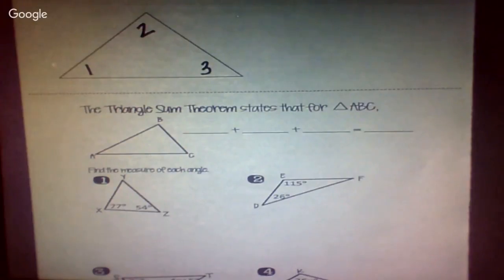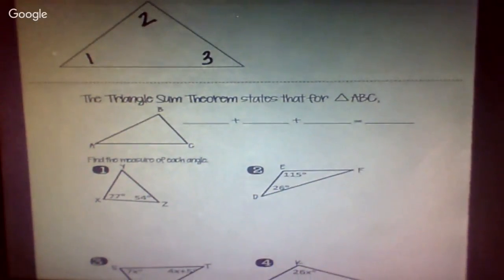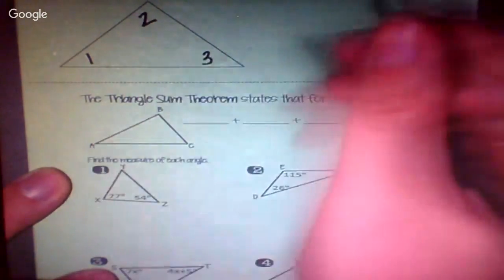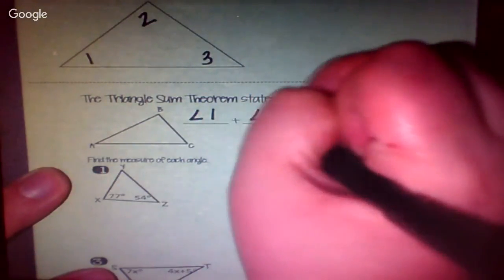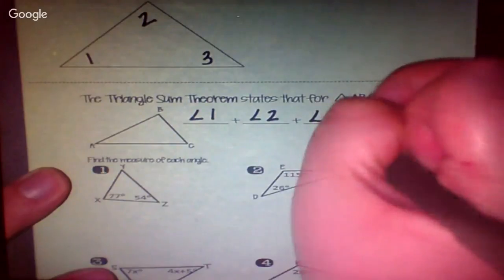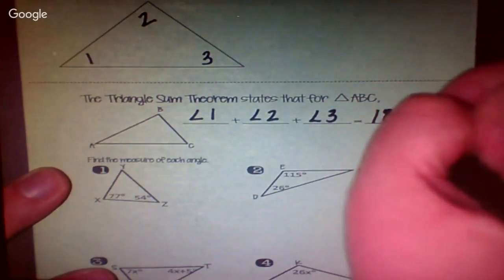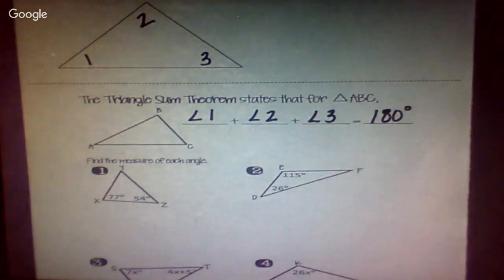Okay, so your triangle sum theorem states that for triangle ABC, if you add up angle 1 plus angle 2 plus angle 3, they should equal 180 degrees.